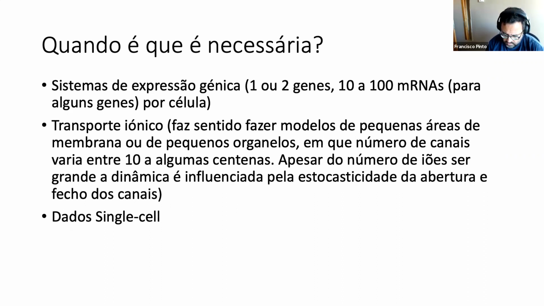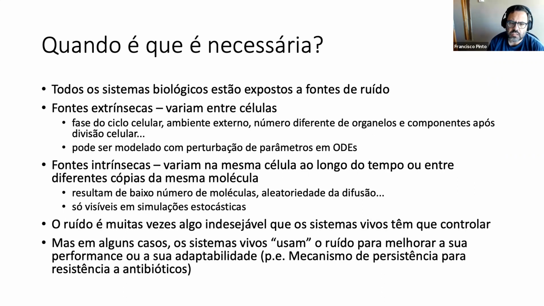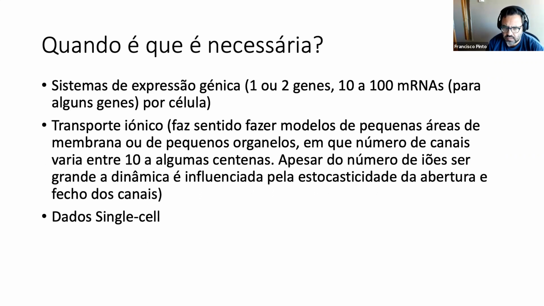We also generally use stochastic simulations to study systems involving gene expression, especially of proteins or genes that have low copy numbers, either of the protein or of the messenger RNA. And when I say low copy numbers, I'm talking about below thousands.